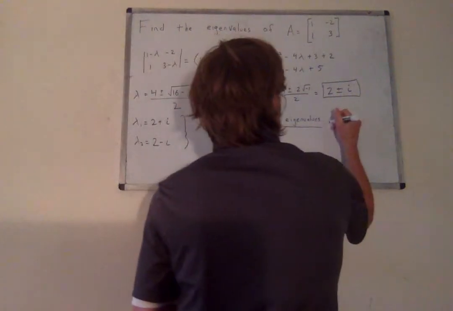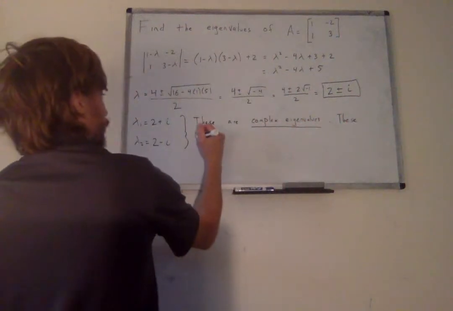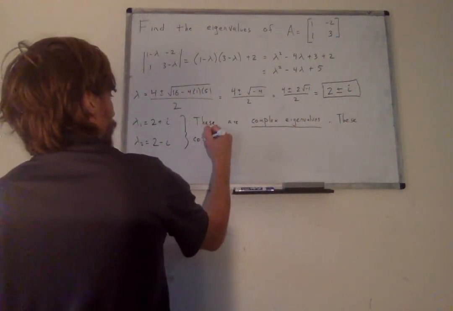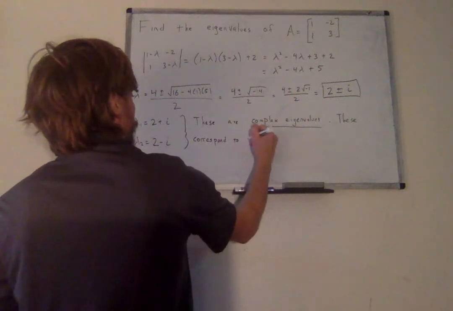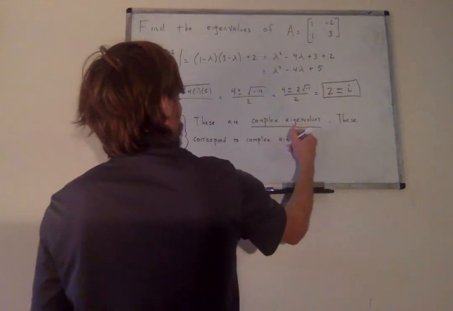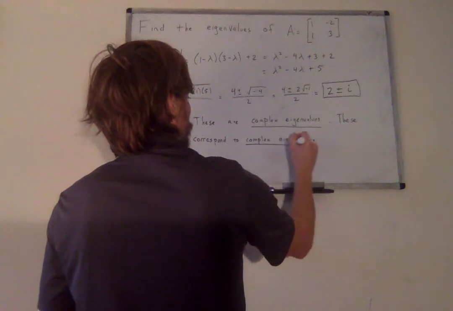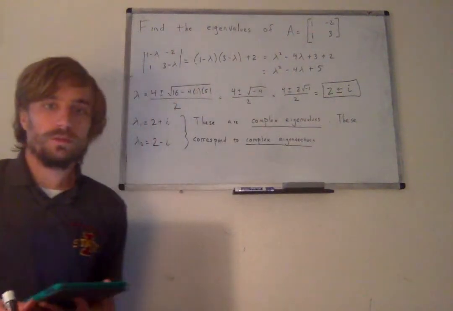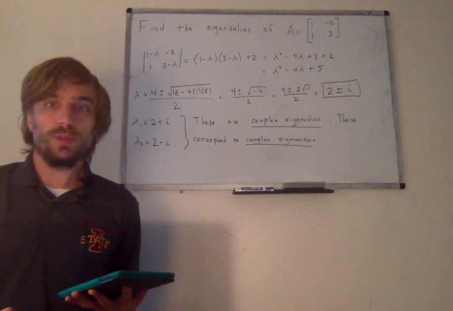And as we will soon see, although we won't calculate it in this video, these correspond to complex eigenvectors. And complex eigenvectors sound exactly like their definition. They're just eigenvectors that contain complex numbers.